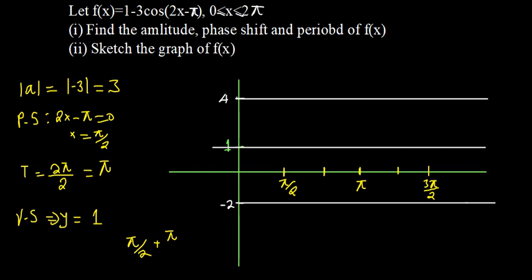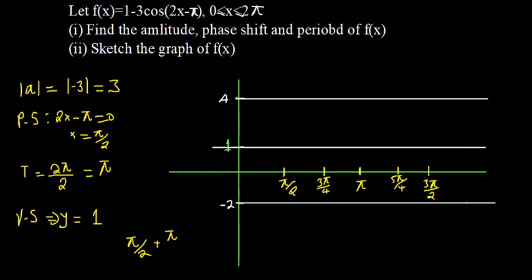So pi over 2 plus pi is 3 pi over 2, and then divided by 2 is going to be 3 pi over 4. And then pi plus 3 pi over 2, that is going to give us 5 pi over 2, and then divided by 2, that is going to give us 5 pi over 4.